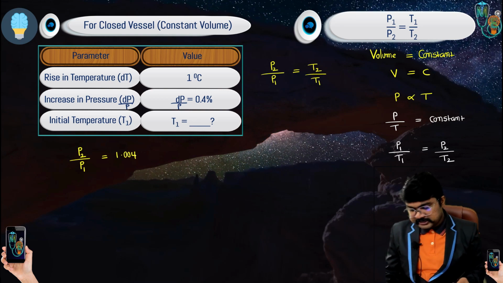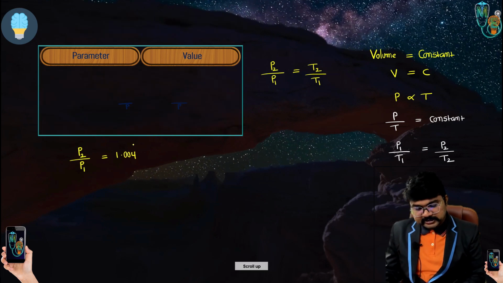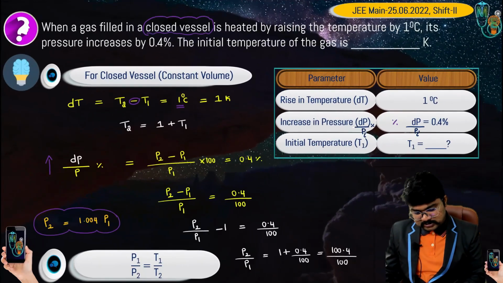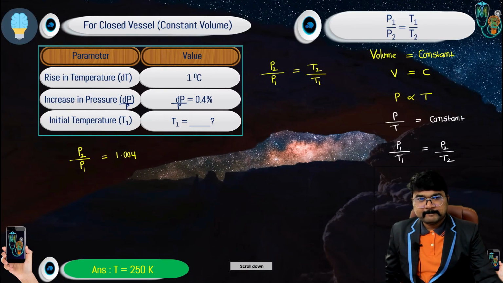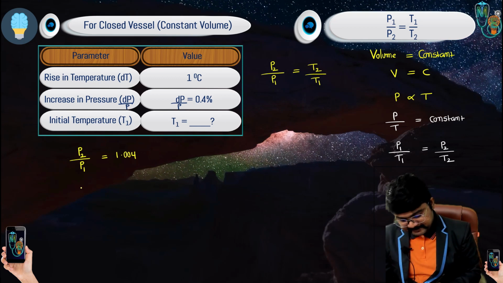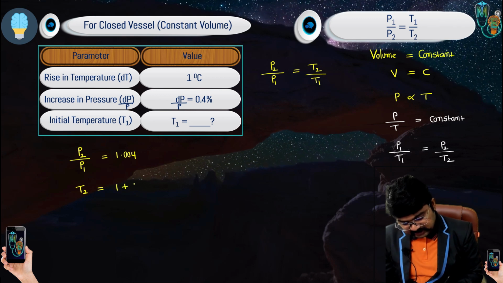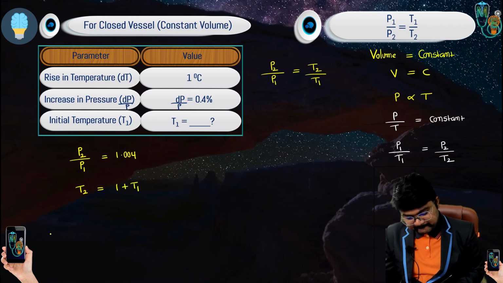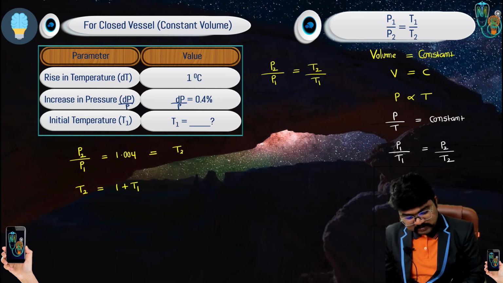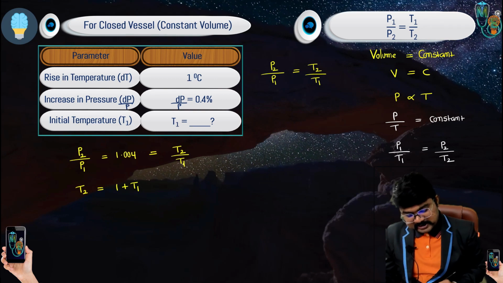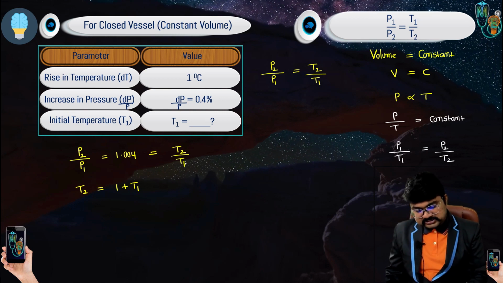And then what is T2 by T1? T2 equals 1 plus T1. So this is equal to T2 by T1. Now tell me what is T1?